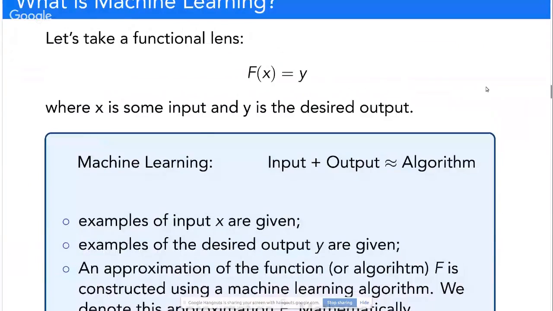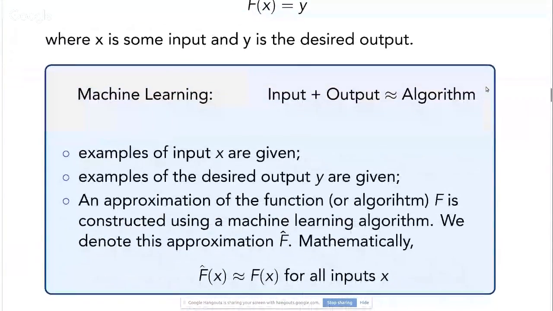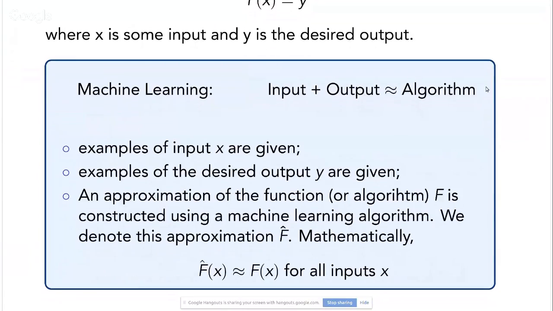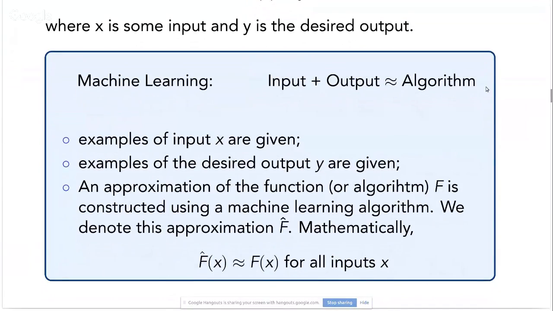In machine learning, on the other hand, you take examples of the input and examples of the output, and the result of the machine learning process is an approximate algorithm or approximate function that is doing what you want it to do.